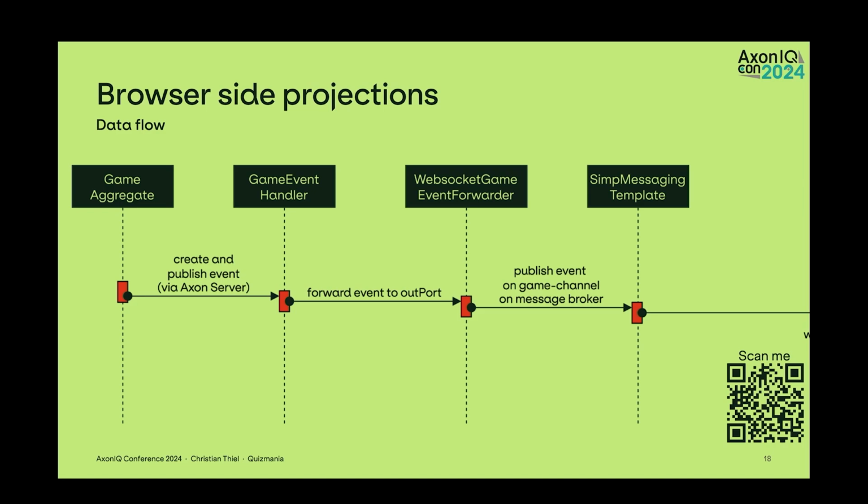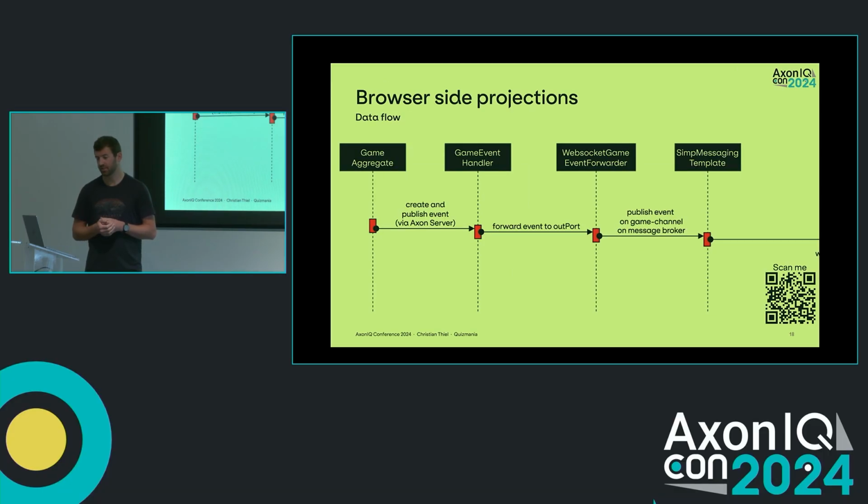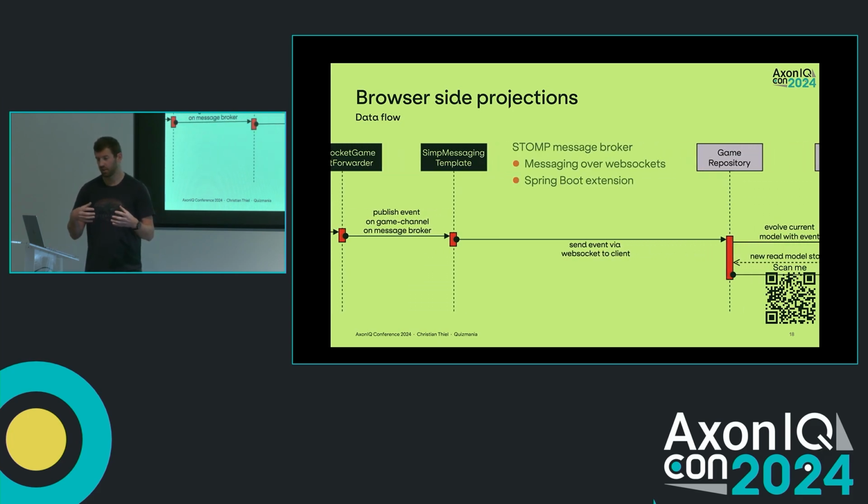Then in my backend for front end, there's a game event handler which takes this event and gives it to my event forwarder, and this event forwarder then publishes the event on a game channel on a message broker. This message broker is a SimpMessagingTemplate, and at some point I need to do some sort of routing. I can't just forward every event to every WebSocket. This would be quite useless.